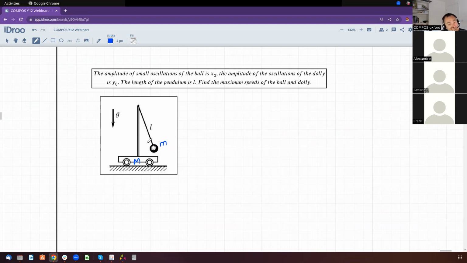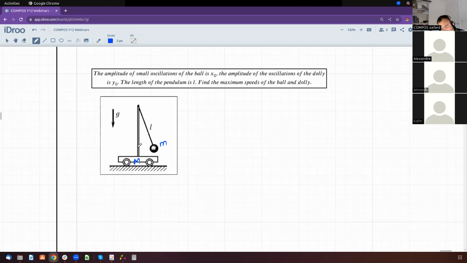In this case, the dolly is not considered heavy. That means when the pendulum starts swinging, the dolly will start swaying as well, with the same period, with the same frequency.